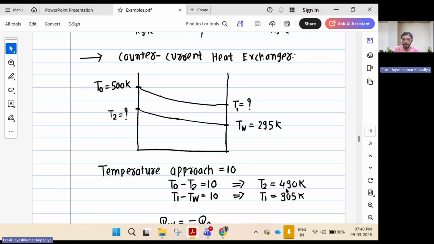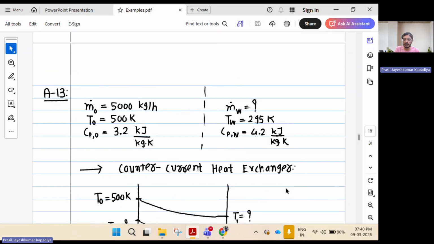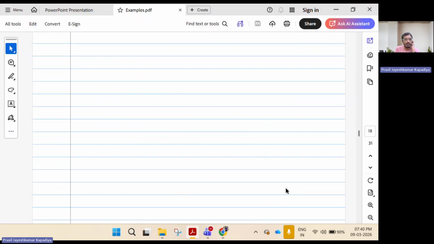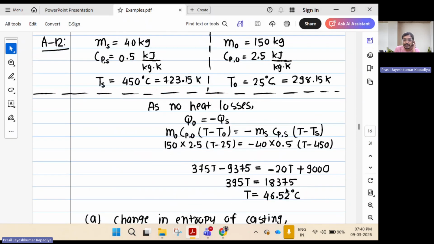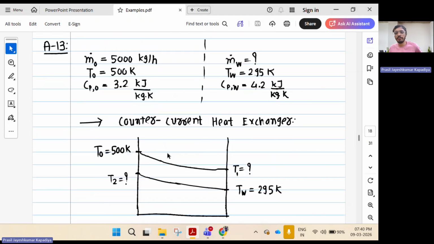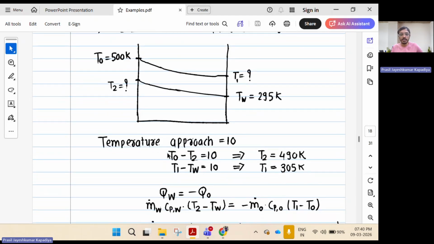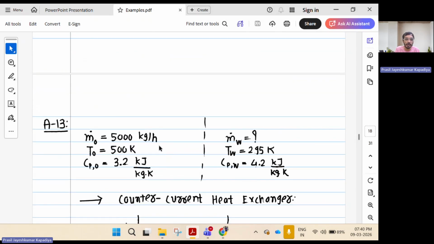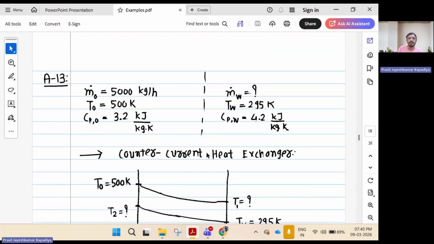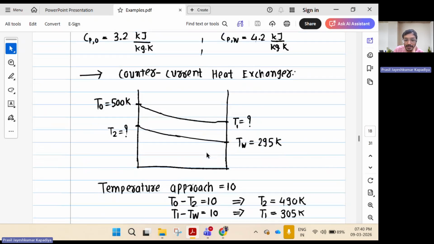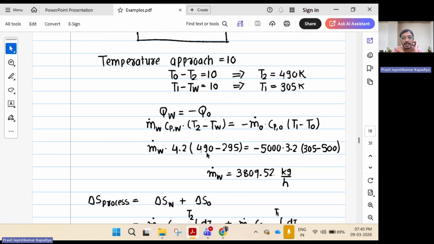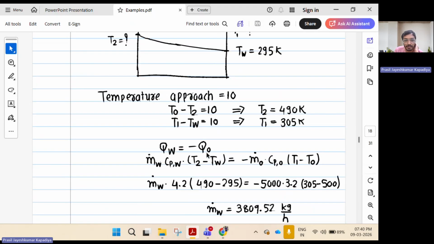So one major point: we know the temperatures at both ends, unlike the last problem, where we did not know the temperature at these ends. But here in the heat exchanger problem, we know the temperature on both sides. What is not given to us is the mass flow rate of water. That is something we are supposed to find, so that we can calculate directly using the heat balance equation, with the assumption that there are no heat losses.